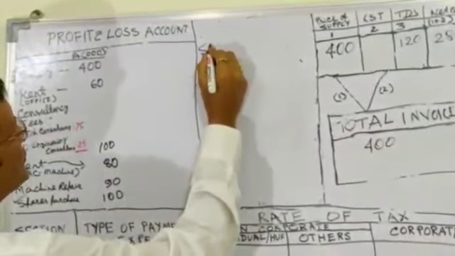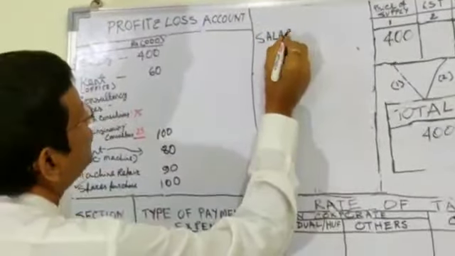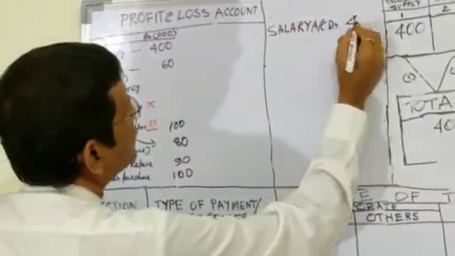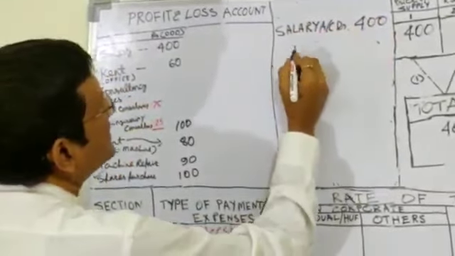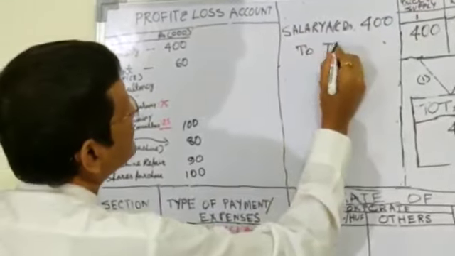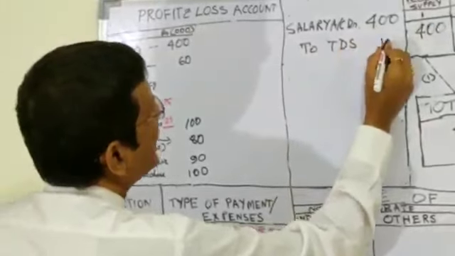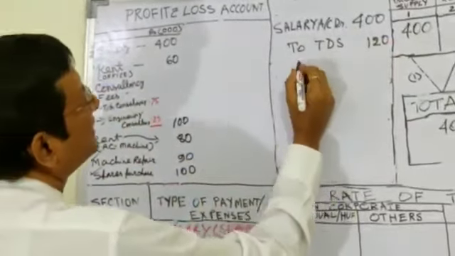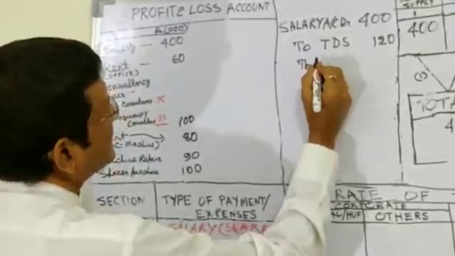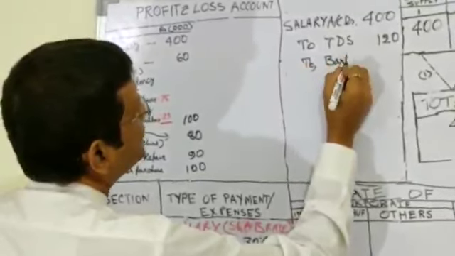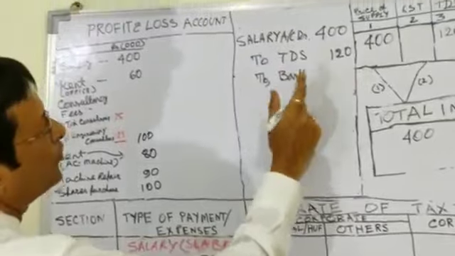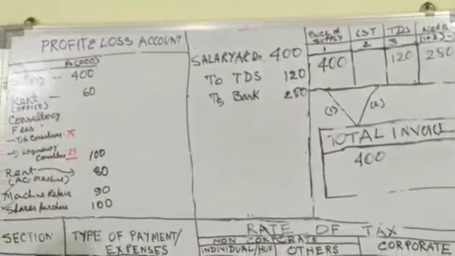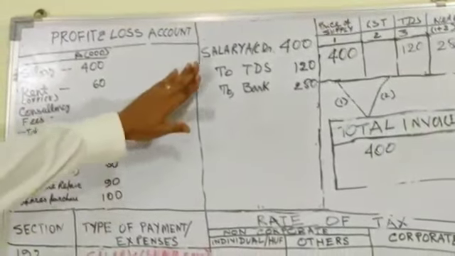My accounting entry will be: salary account debit 400 rupees, to TDS 120, because this TDS is my liability that I have to deposit to the government, and after deducting TDS, the net amount of 280 I have to pay to the employee in their bank account. That should be our accounting entry to capture these things.